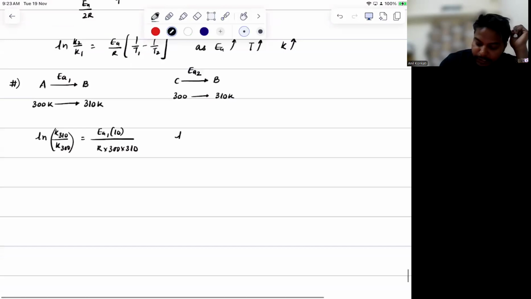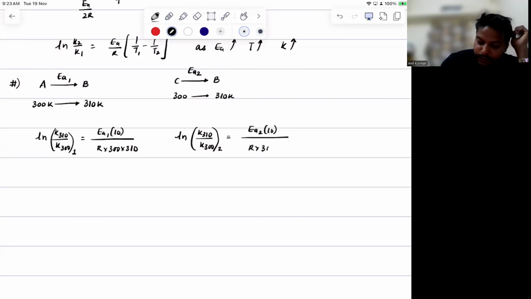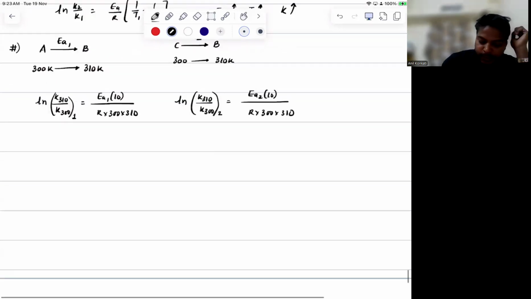Similarly, I can write here ln K of 310 by K of 300. Let me call this reaction 1 and this reaction 2. It is equal to EA2 into 10 by R into 300 into 310. Okay, clear?